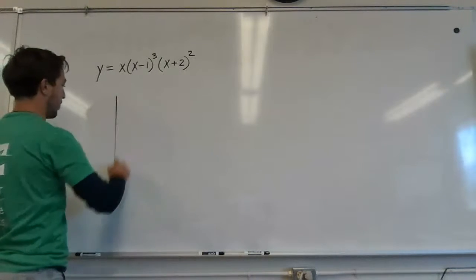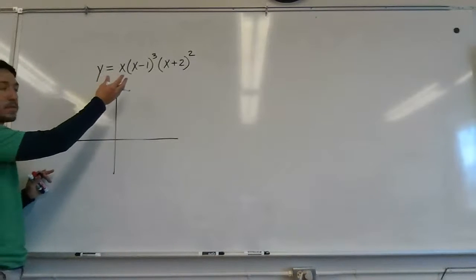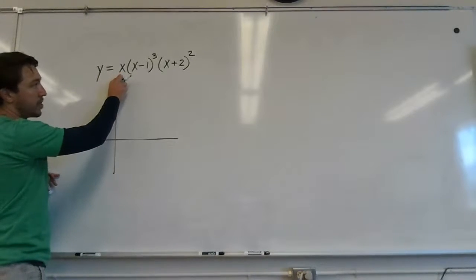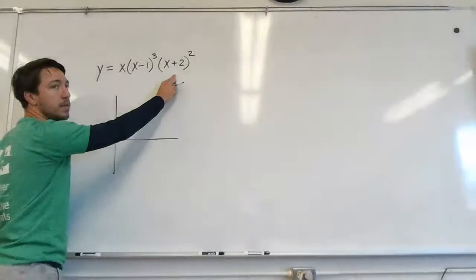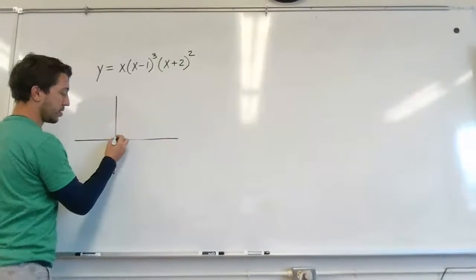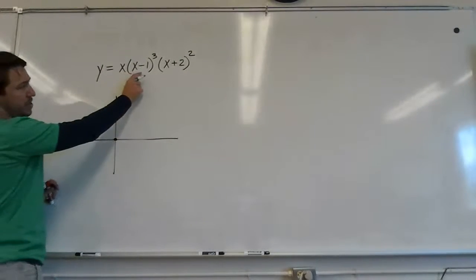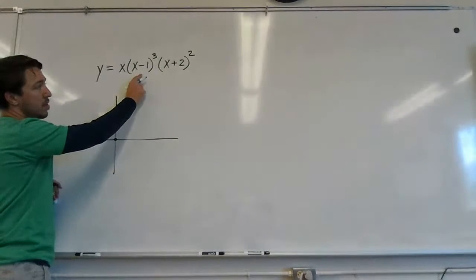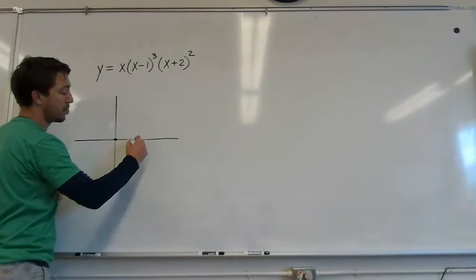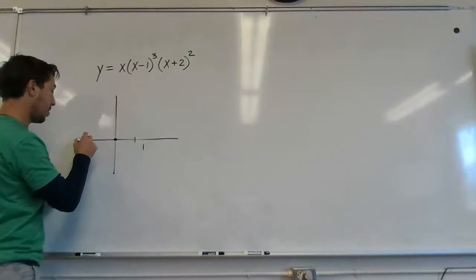So that's one of the first things that might pop out to us is that if I set x to be 0, I'd have 0 times negative 1 times 4, right? So 0, 0 must be an x-intercept. This term would generate what x-intercept? Positive 1. And this term would generate an x-intercept of negative 2.